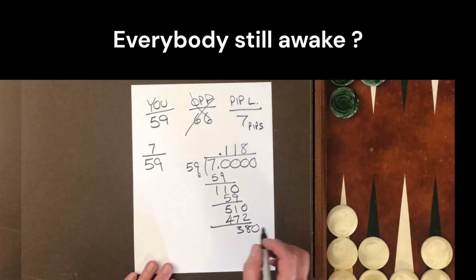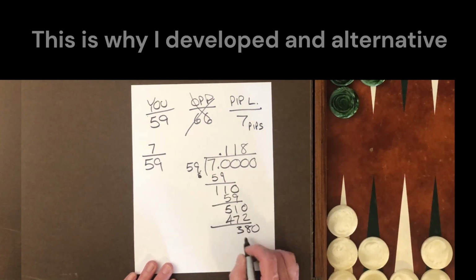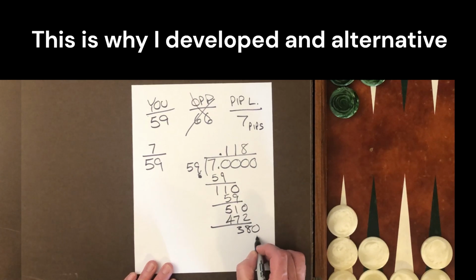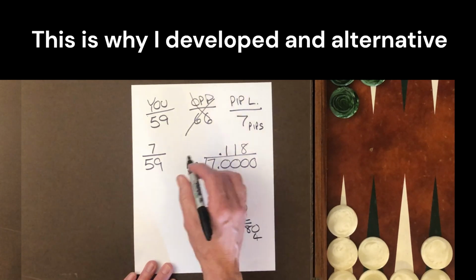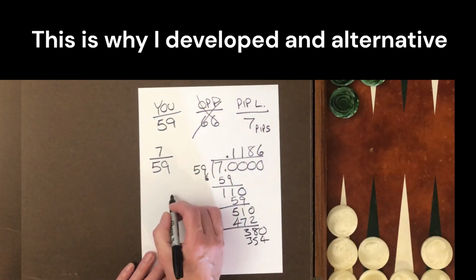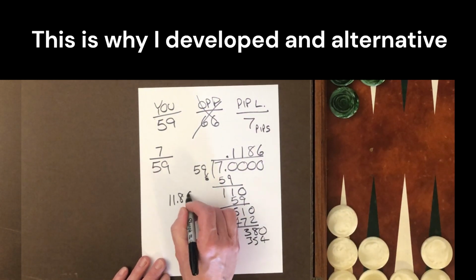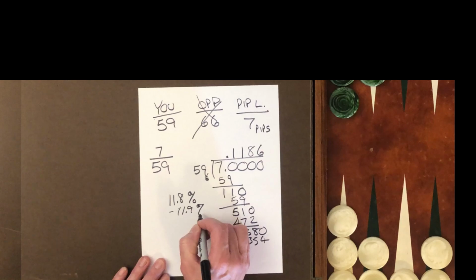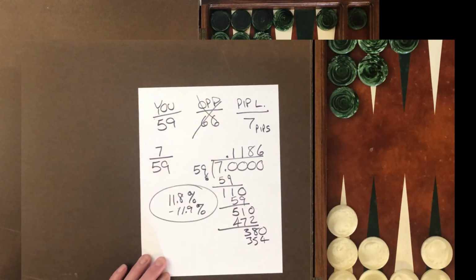So that's 6. Is that right? 54. 5, 60, 35. Okay, that's right, 6. So we finally have our answer, 11.8%. Rounded up to 11.9%. And we have our answer.